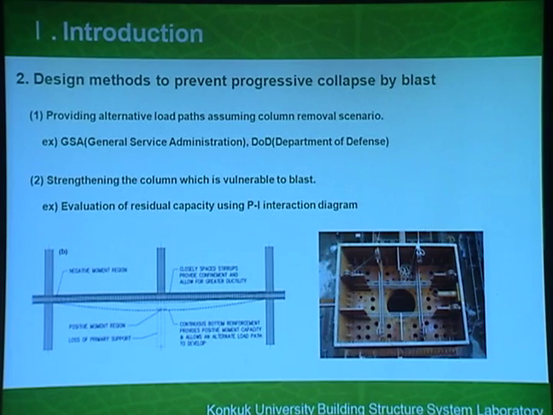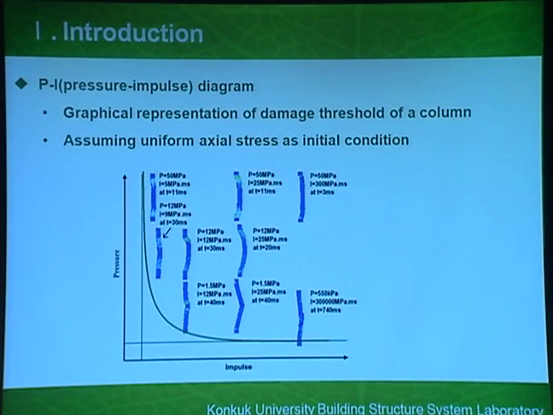So we researched which way exists to evaluate the residual capacity by strengthening the vulnerable column. One method is using the PI interaction diagram. The PI diagram is a kind of graphical threshold looking at pressure and impulse of the blast.